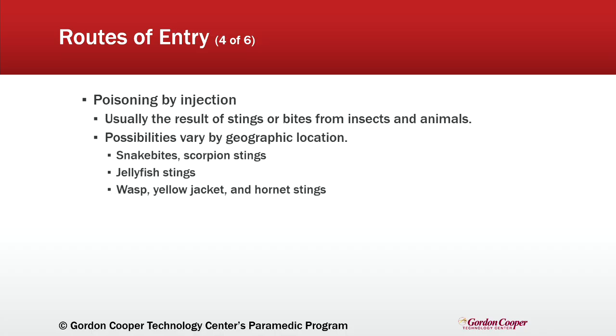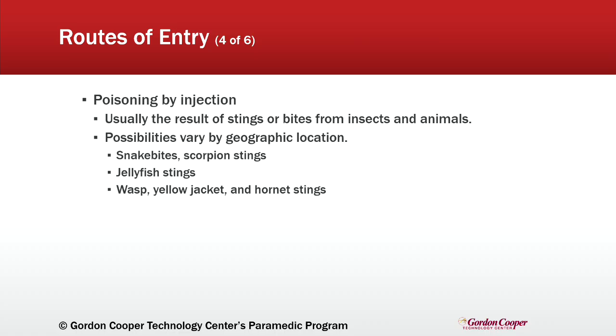Injection poisoning commonly occurs as the result of envenomation, which happens when toxins are delivered through a bite or a sting of an animal or insect. These types of envenomation can vary depending on the geographical region. In the southwestern United States, common envenomations include snake bites and scorpion stings.